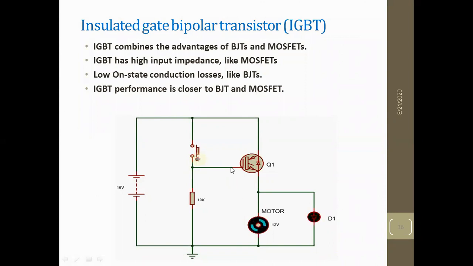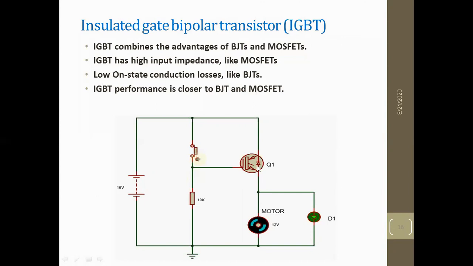Therefore, it turns on. We are controlling this switch through the gate. Whenever the gate is turned on, this switch turns on. With respect to the switch turning on, the motor should be getting on and off.